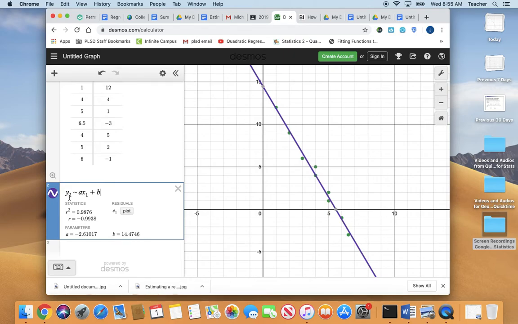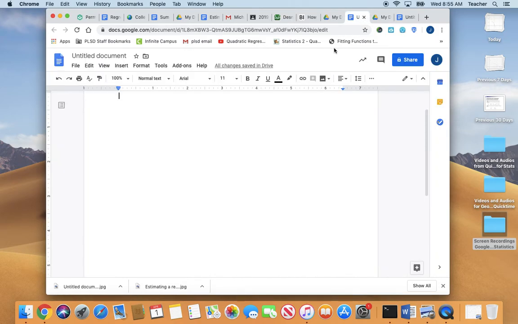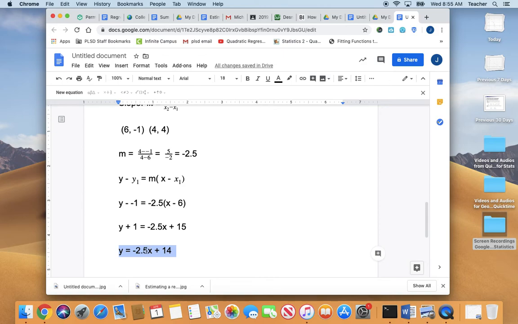So that equation would be y equals negative 2.61x plus 14.5. And if you look at the equation that I got when I eyeballed it, it was negative 2.5x plus 14. So that's pretty close. So that is how you estimate the line of best fit by hand.